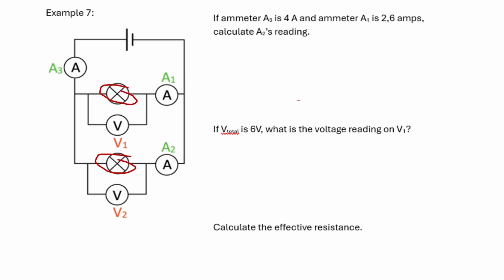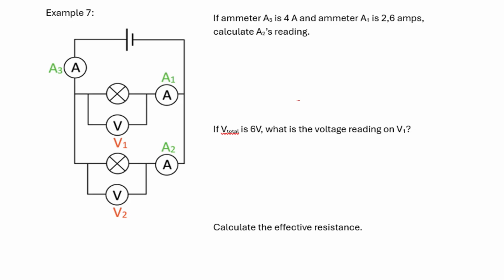We have an A1 and an A2, but these two ammeters are measuring the parallel section only. This ammeter is measuring the parallel section only, whereas this ammeter is measuring the series portion. So it's very important you know which of the sections the ammeters are measuring, because once you know that, then it makes it a little bit easier.